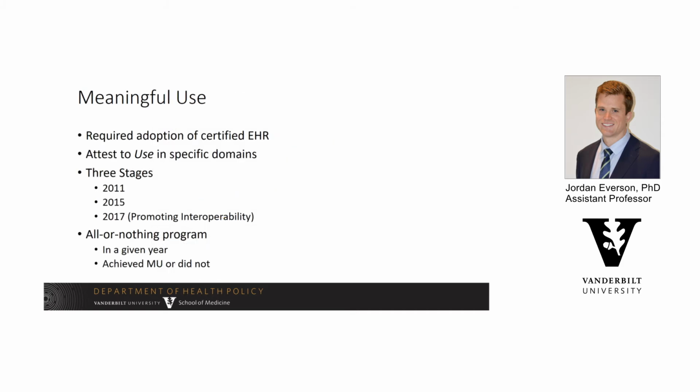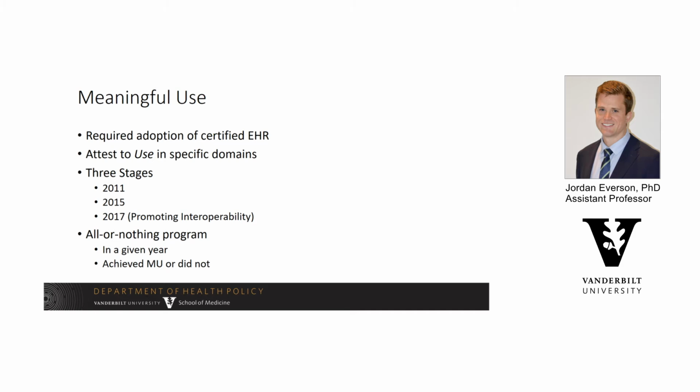The most prominent program related to measuring the maturity of EHRs in the US is the Meaningful Use Program, which provided about $50 billion in incentives to hospitals and physicians to spur adoption of the electronic health record. To attest to meaningful use, providers had to adopt a certified electronic health record, and then they had to attest to using that record in specific domains.